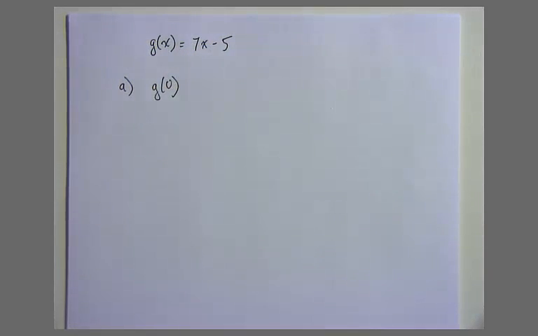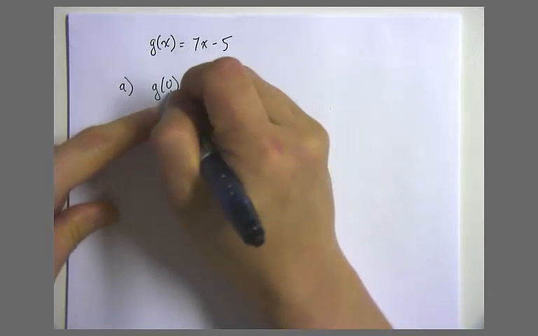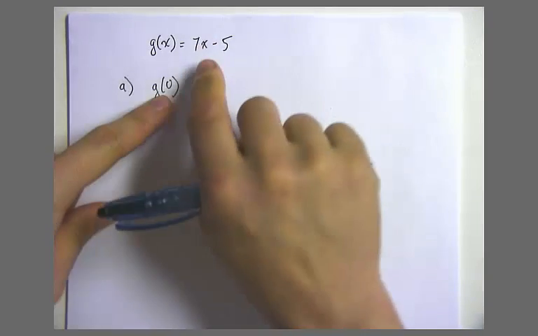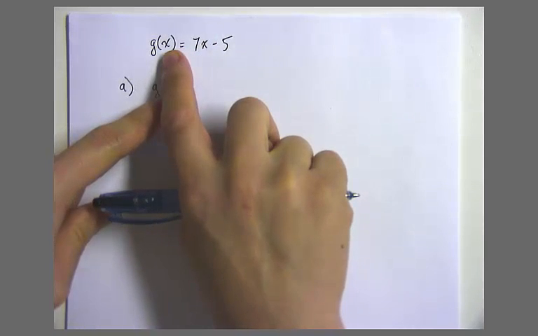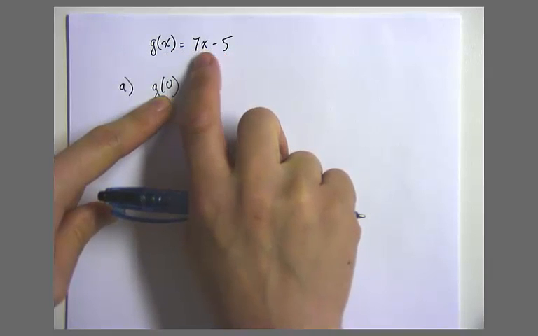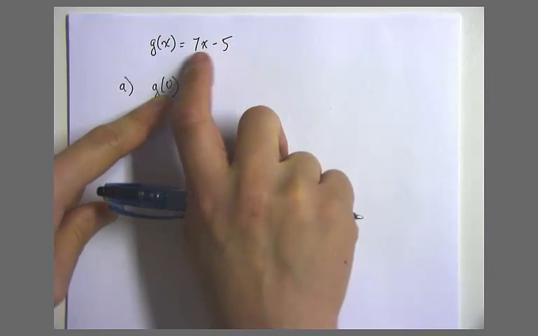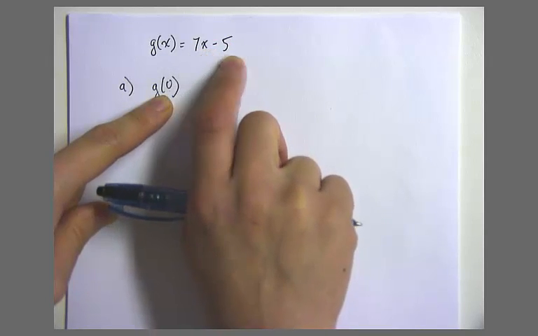So what I need to do, once again, is substitute 0 into the x, because in the original function x is acting as my input indicator. So in the function's formula, it's indicating that for whatever the input x equals to, I need to multiply the input to 7 and minus 5.